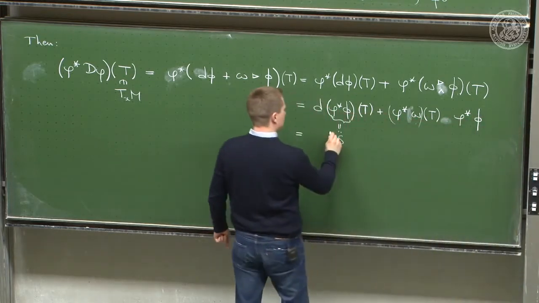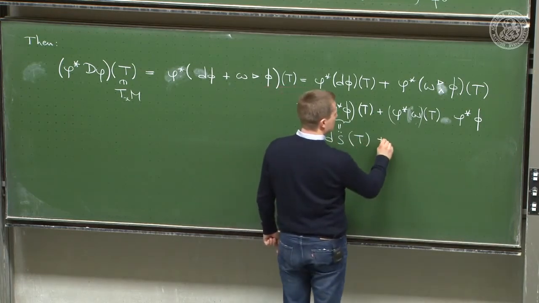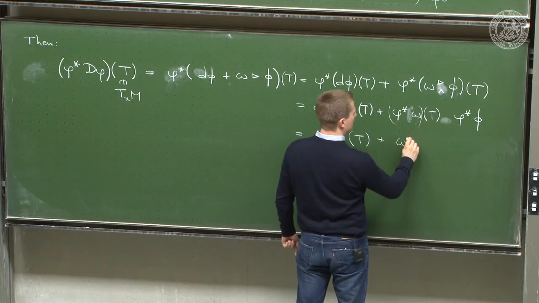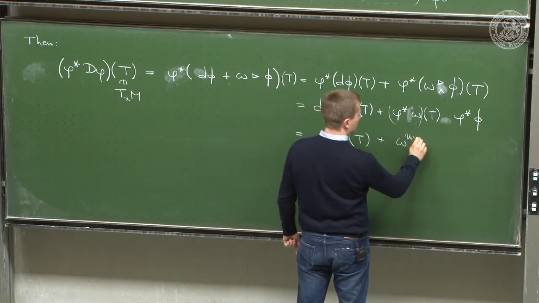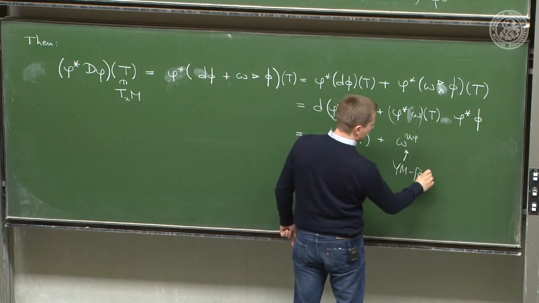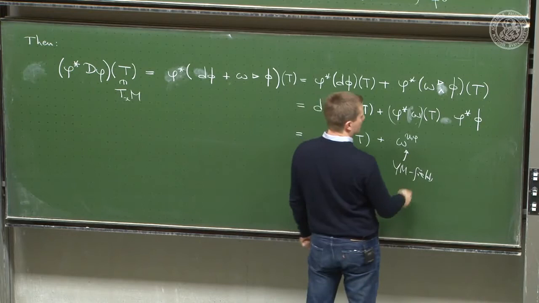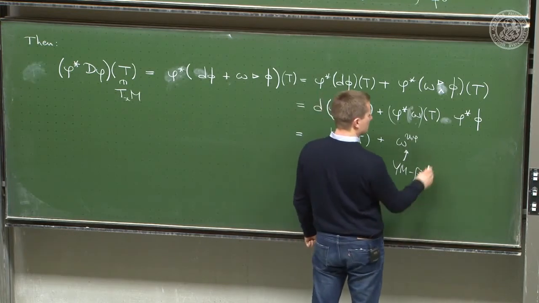And so this is ds of t plus this here is the Yang-Mills field associated with the connection omega, but it's a one form now, a Lie algebra valued one form on the base space.